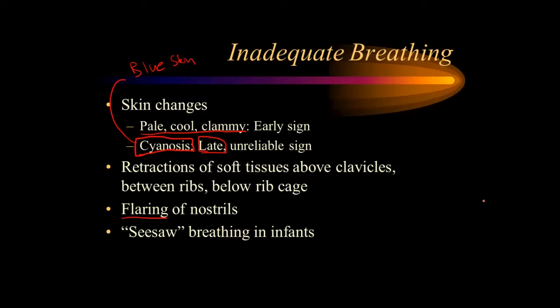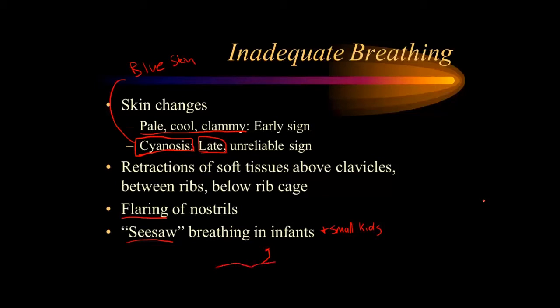And then in infants and small kids, you may get what's called seesaw breathing. They're belly breathers, meaning they can't expand their rib cage as well to breathe, and we'll talk more about that when we talk about pediatrics. But let me see if I can do this here.